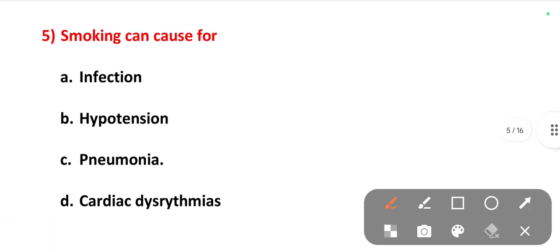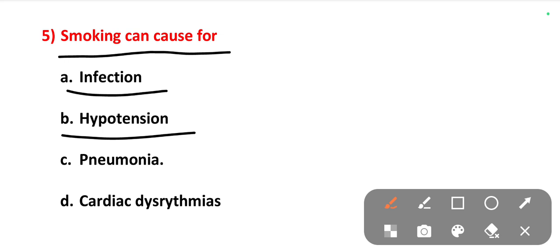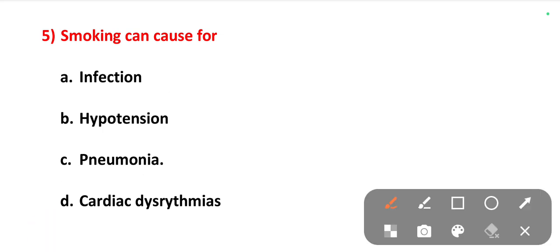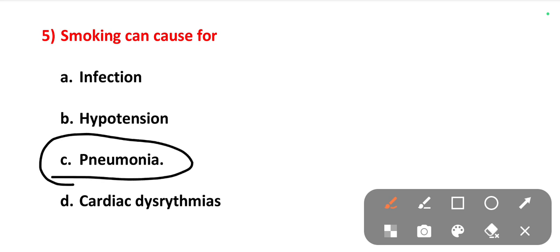The next one is smoking can cause. Options are infection, hypotension, pneumonia, cardiac dysrhythmias. The right one is pneumonia. So commonly we hear that smoking can cause cancer. Of course, it is a leading cause of cancer, that is smoking.